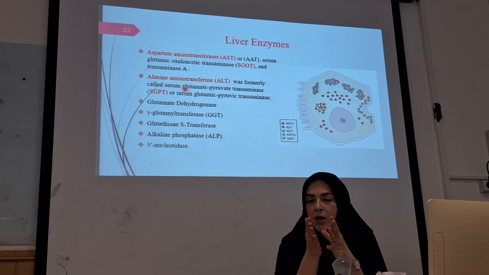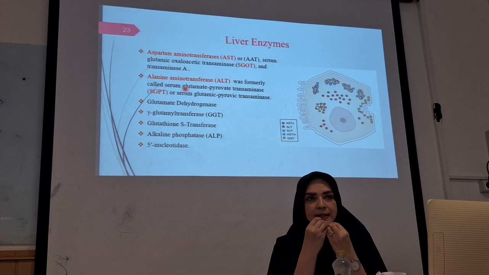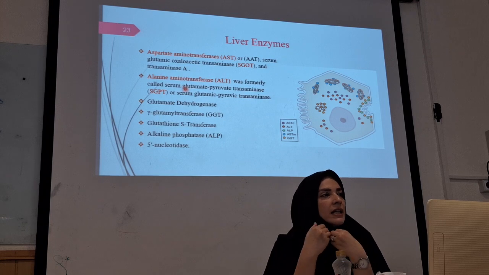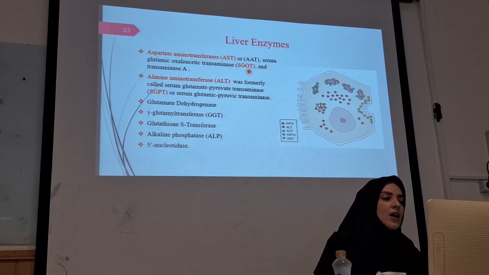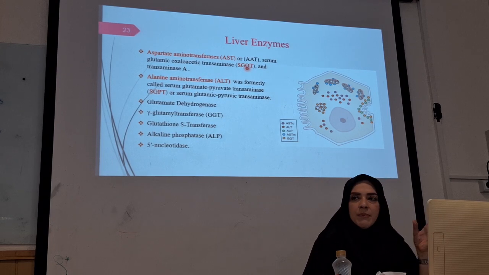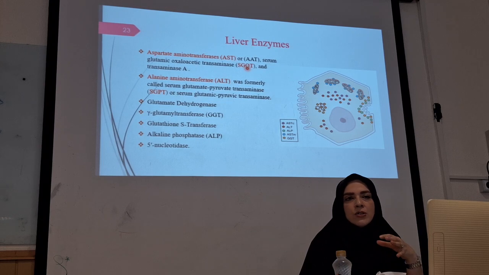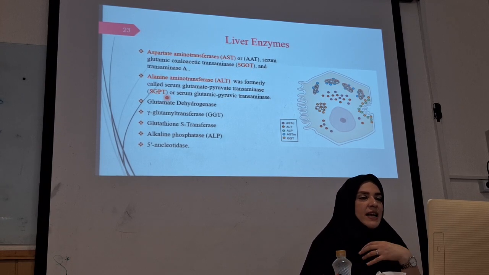So these are the general liver function tests. If I ask you which enzymes are considered general liver function tests: aminotransferases like AST or SGOT, or in abbreviation the OT. Between physicians, it's very common to say this is an OT enzyme or this is a PT enzyme.